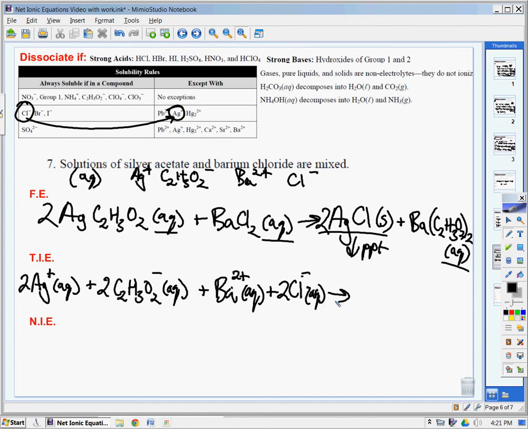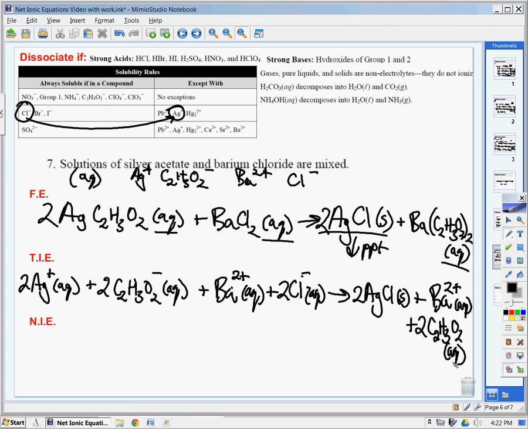All right, finally the yields arrow, 2AgCl, which is solid, plus the barium is aqueous, plus the 2 acetates, which are also aqueous. Wow, that was a lot of writing.